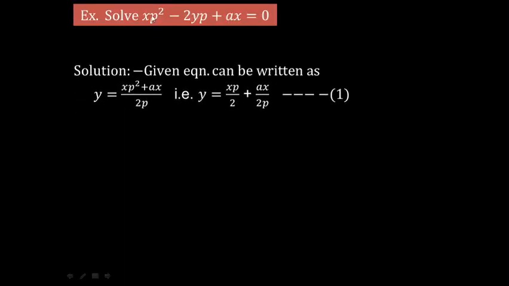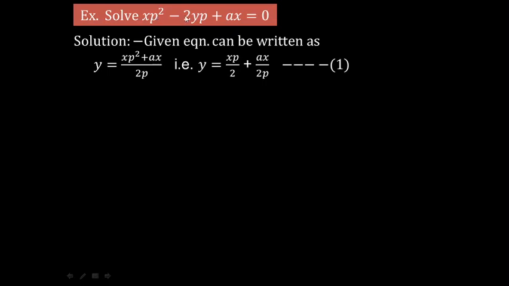Solve x square xp square minus 2yp plus ax is equal to 0. First of all, we will have to look for whether I can express this equation as an equation solvable for y or not. You can observe here I have only one term of y and its power is 1.